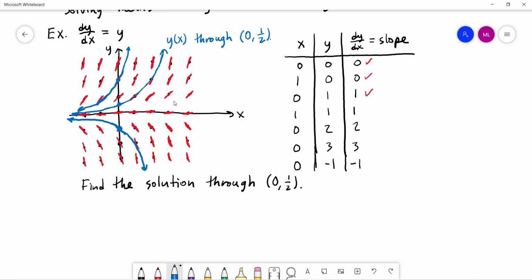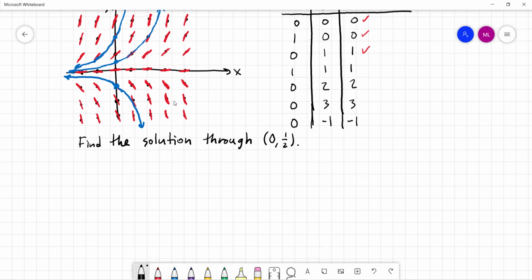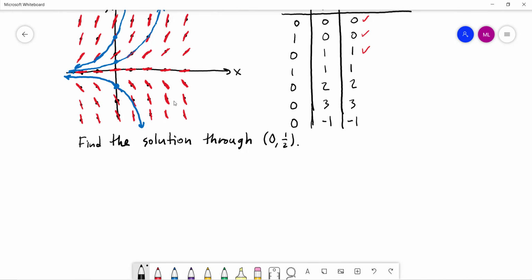So how is this possible? Well, this goes to the topic of an initial value problem. This was the section 1.2 that we kind of skipped. There are many solutions. The direction field basically defines sort of a family of solutions. I'm going to put that word family in quotes.